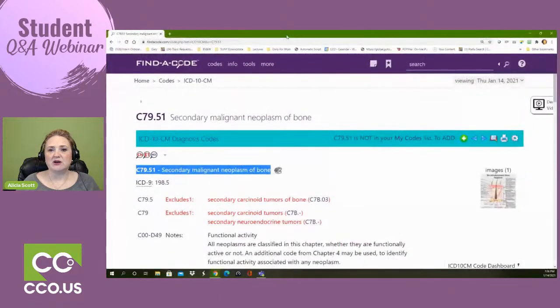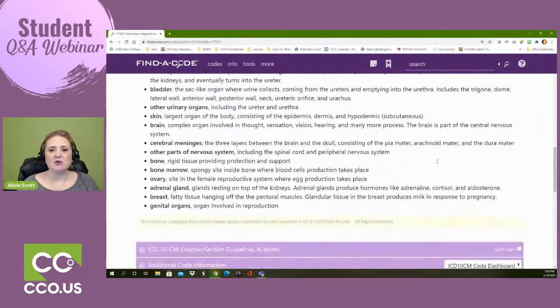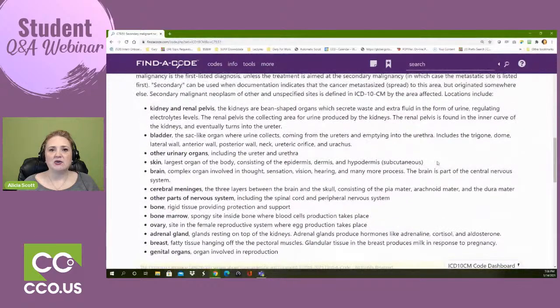that depending on whatever encoder that you use, and I know we've said several times that we like Find a Code because it is so educationally based. Now, there are others that will have similar content, but I went ahead and put in the code for secondary malignancy of the bone, and notice this is where I got that information about how that works and where it likes to go.